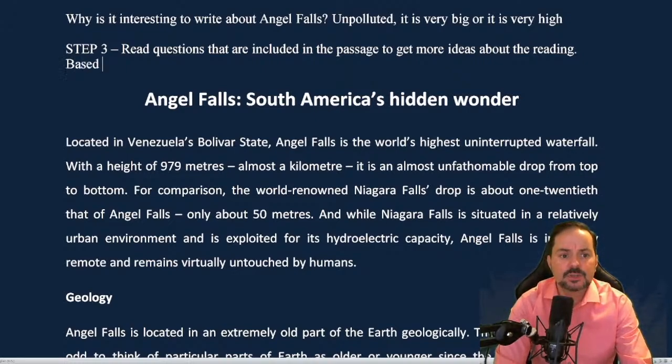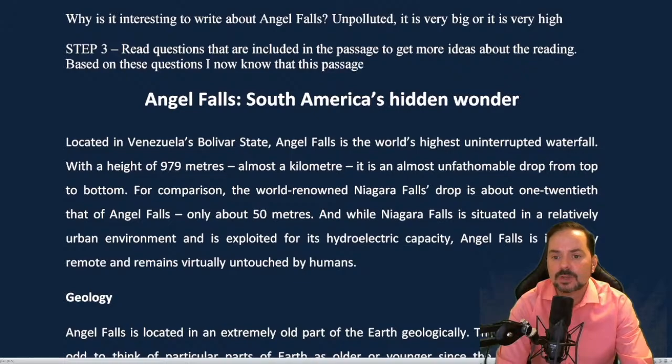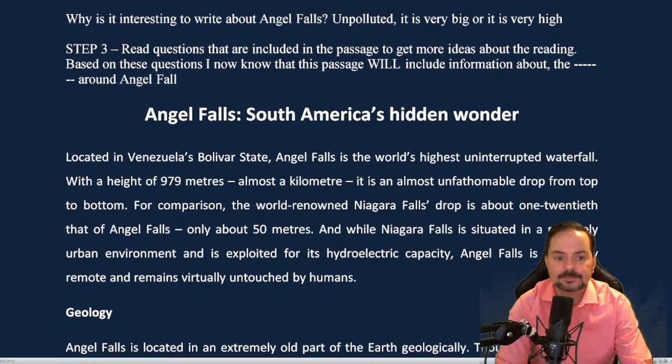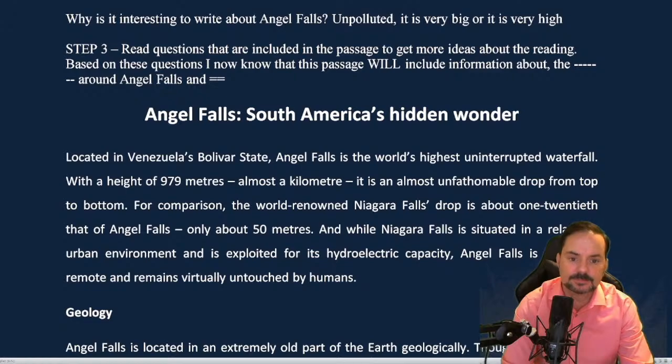So based on these questions, I now know that this passage will include information about what? About the something around Angel Falls and something else. Oh, around Angel Falls.